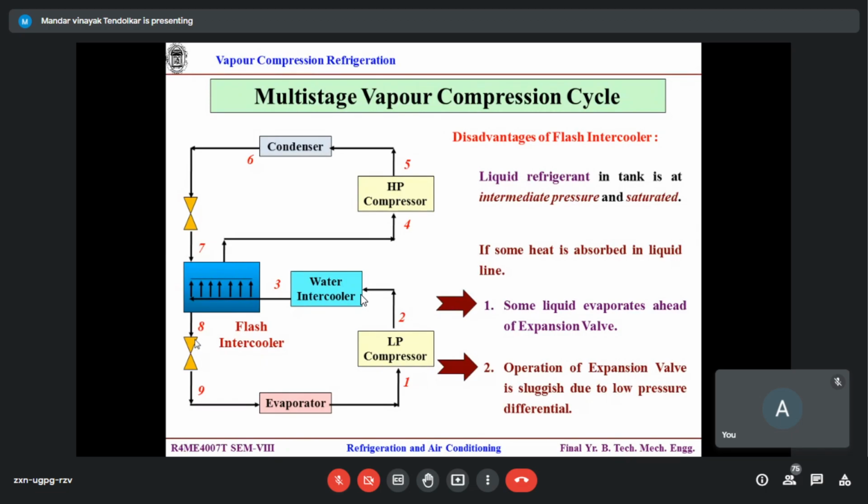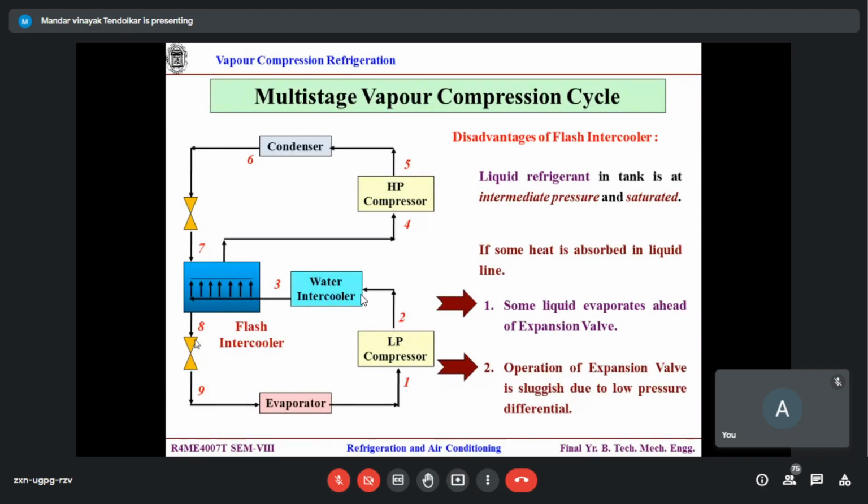What we have designed the expansion valve for is a saturated liquid start. If subcooled, very good. The expansion device, capillary tube or solenoid or whatever it is, is developed in a sense that the start point of the expansion is the saturated liquid. But if your liquid absorbs some amount of heat and goes to some two-phase part, then your expansion is not as per the theoretical expected part. So the operation of the expansion valve becomes sluggish.